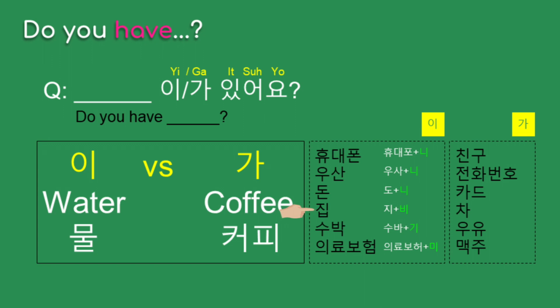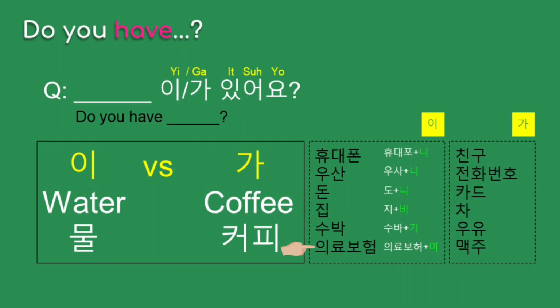Do you have a house? 수박 is watermelon. 수박이 있어요? Right now it's summer and where I live it's super hot, so 수박 is really popular. So you want to say 수박이 있어요 when you go to grocery stores.